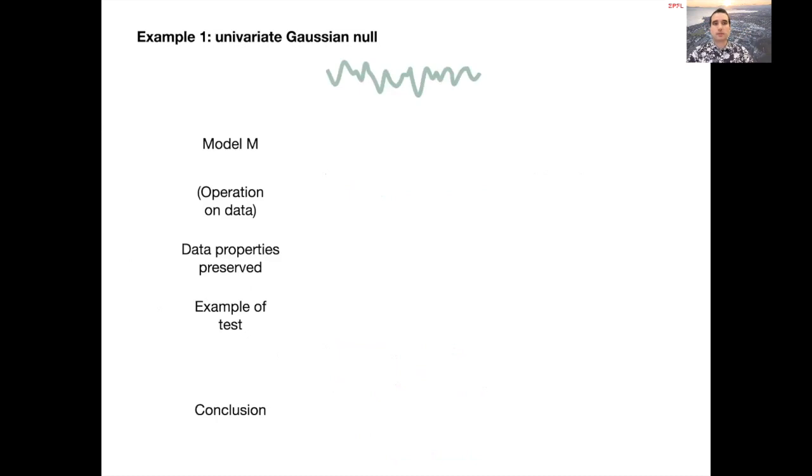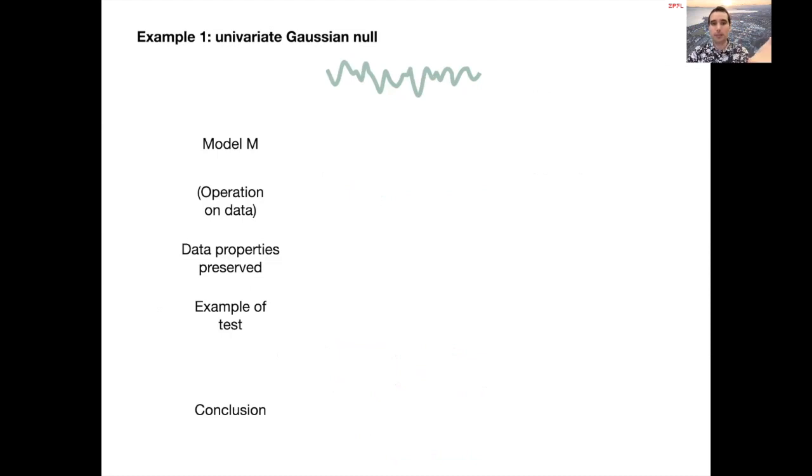Okay, let's consider a first example to put that into practice and to maybe provide you with more intuition on how null model testing works. Let's consider that we want to test whether the model M, capital M, being the univariate Gaussian model, is good to describe the original time series. So these are the original time series, right?